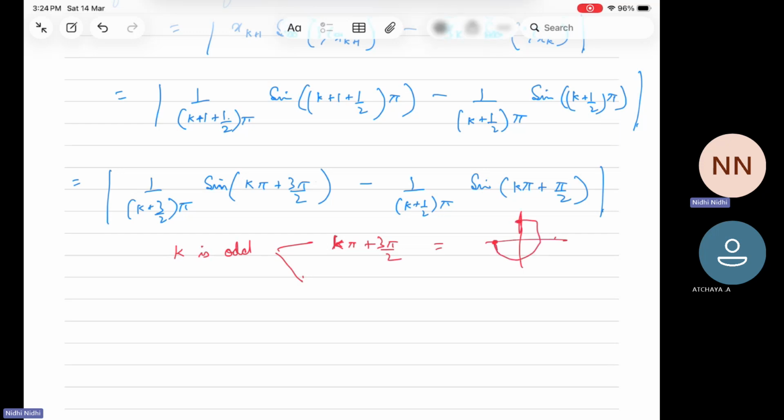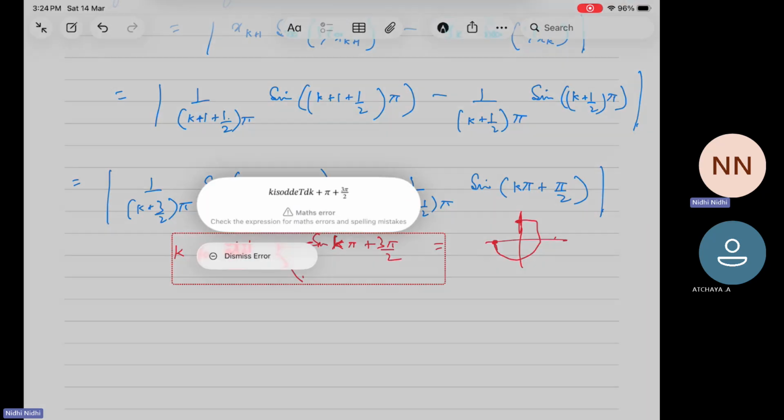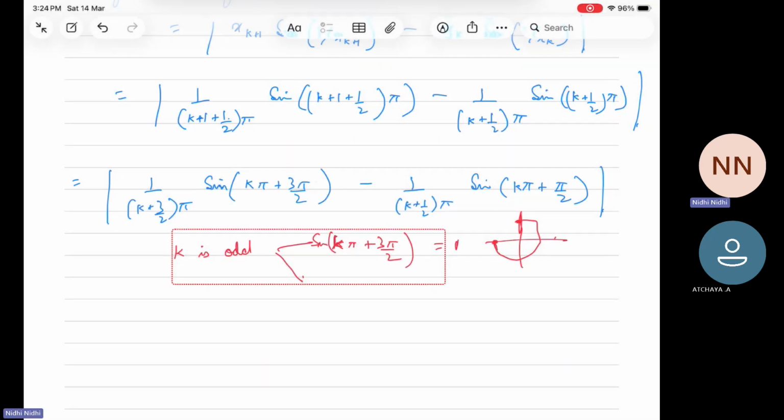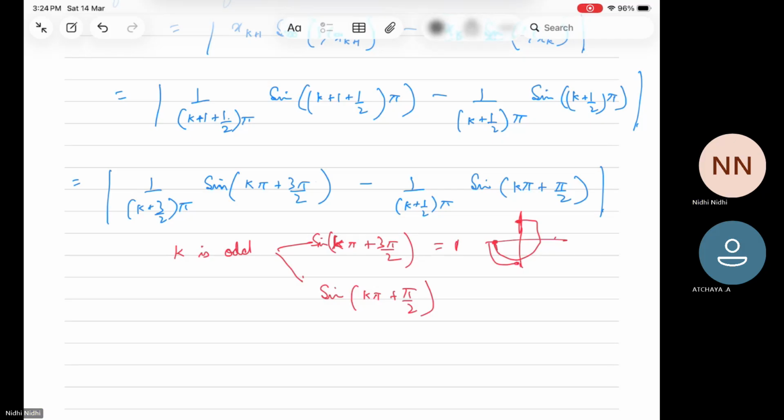So eventually we will land here. So in that case, sine of k pi plus 3 pi by 2 will always be equal to 1, and sine of k pi plus pi by 2, we will be just here. So this will be equal to minus 1.